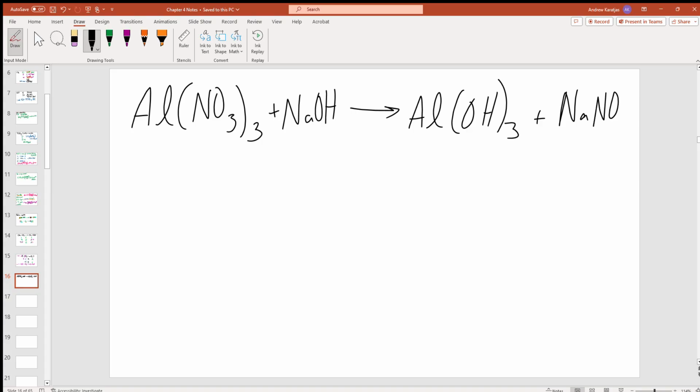So I'm going to do everything I can here to avoid oxygen. Why? Because oxygen shows up in every single compound here. So we're going to save it for the end and see if we can get away with that.